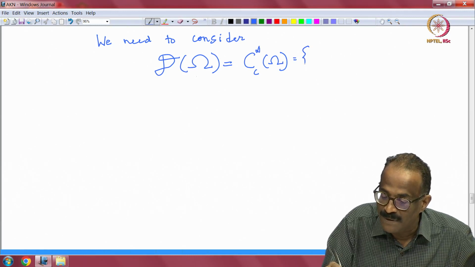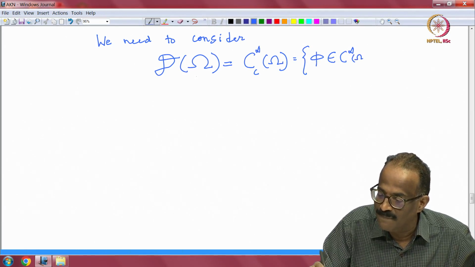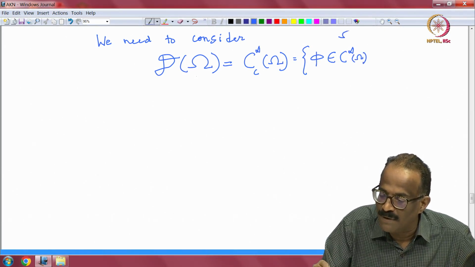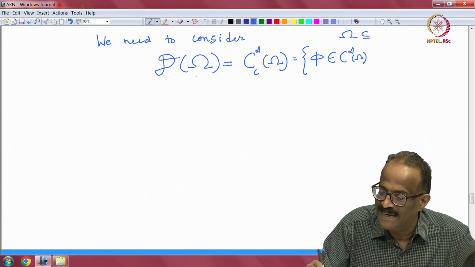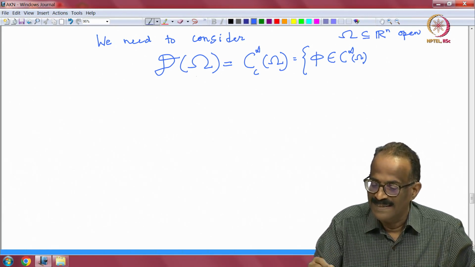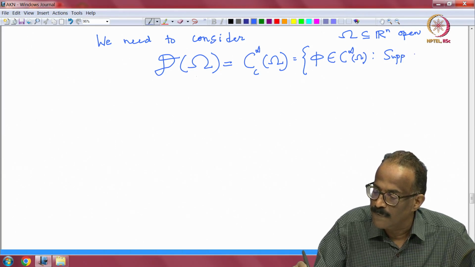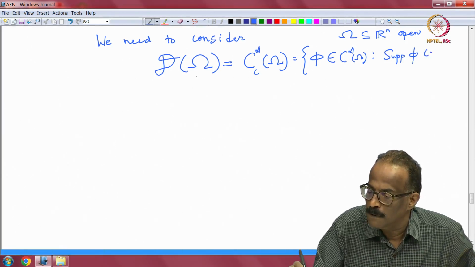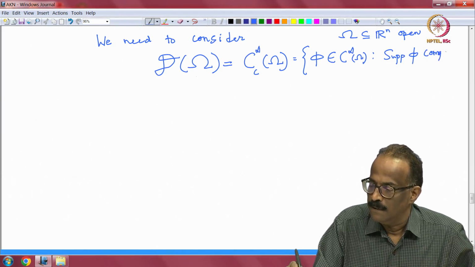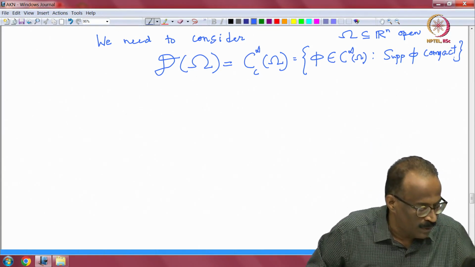You need to consider the set of all functions phi in C infinity of omega, where omega, as we studied in detail in our preliminaries, is an open set in R^n, such that the support of phi is compact.